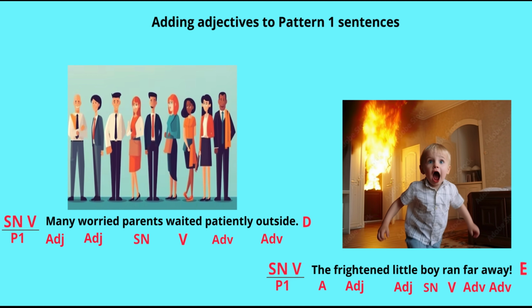So, frightened and little both are adjectives because they're describing the boy. And where did he run? He ran far away. So, far away would both be adverbs. And this is an exclamatory sentence because it is ending with an exclamation mark, right? And this pattern is subject noun verb pattern 1 sentence, SNVP 1.